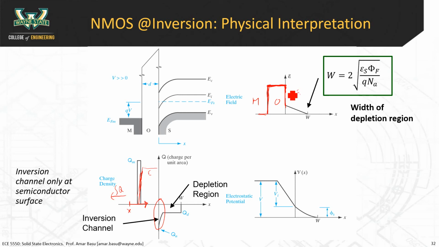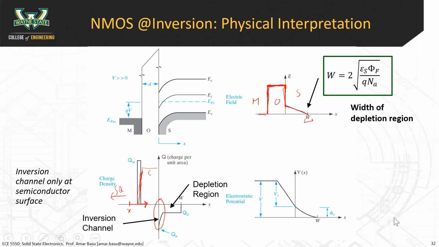So the electric field drops suddenly because of all that negative electron surface charge, and then it drops more gradually as you're moving through the depletion region. The depletion region, as you know, is here. It's a low concentration of negative charge, and so that causes the electric field to decrease at a slow rate. We have a formula for this W, and that was shown on the previous slide. It's the square root of 2 times epsilon phi f divided by q N_A.